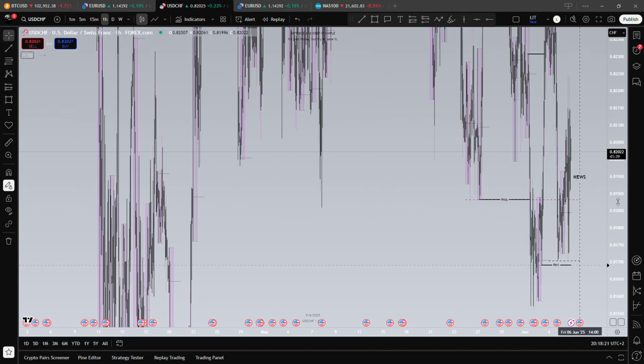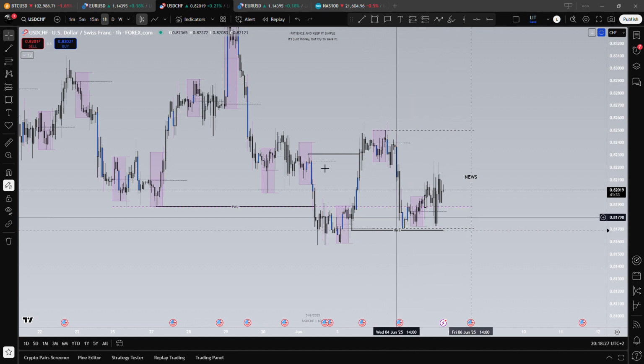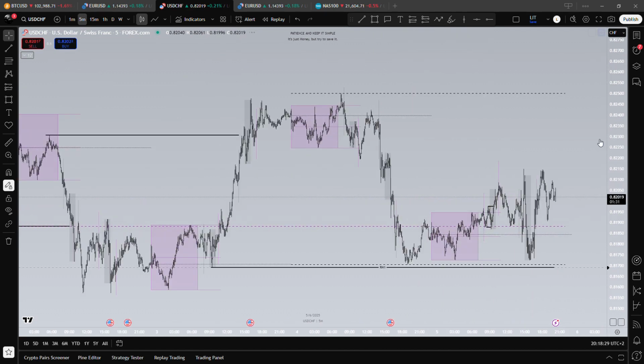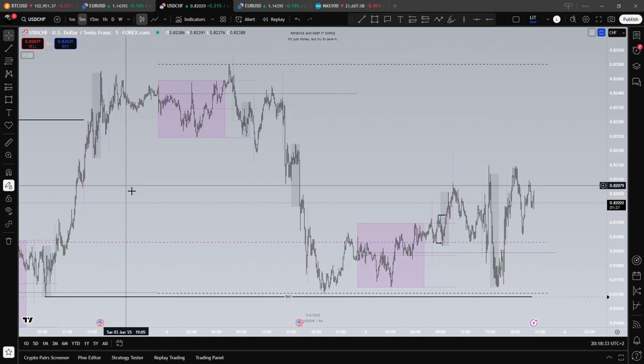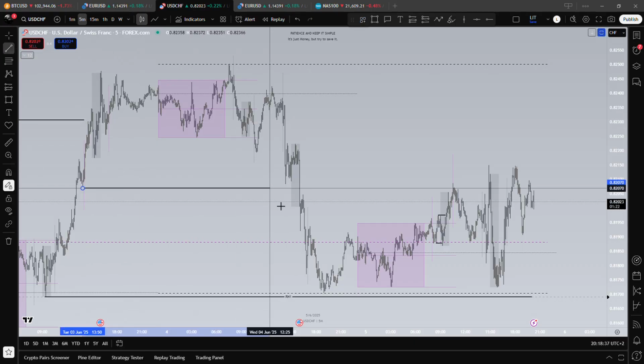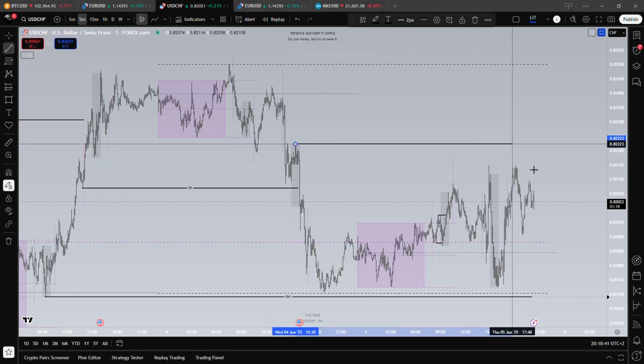Here I was expecting this low to be taken. We are having a lot of equal lows here, so I think at some point it's going to take this liquidity for sure, or probably. So it's true that here we have run liquidity on M5 and that we could take this high.